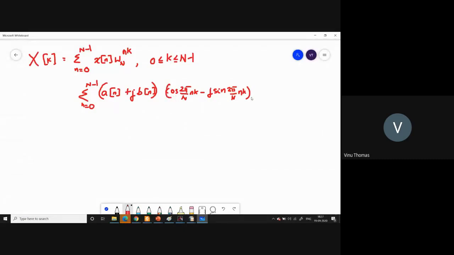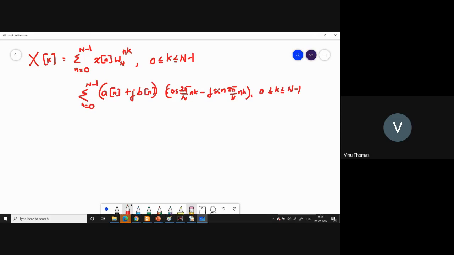So this is your equation in fact for 0 less than or equal to k less than or equal to n minus 1. For ease of representation, I will replace cos 2 pi by nk by a real sequence, which I will call C of n, and the sine part as D of n.